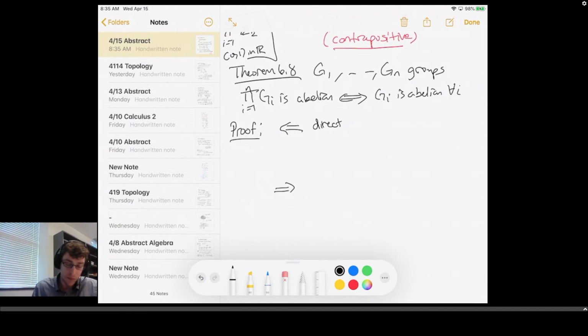But okay, so if G_i is abelian for all i, then G_i abelian implies that little g_i h_i is equal to little h_i g_i if these are both in G_i, and this is true for all i.